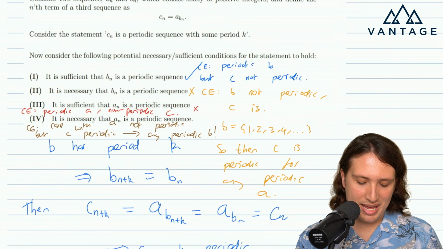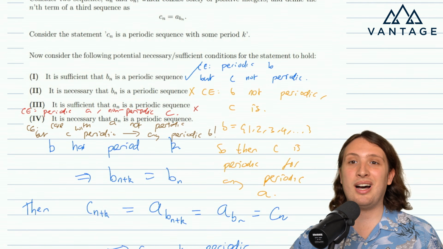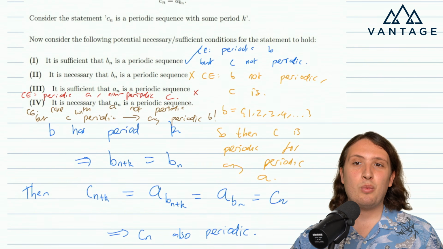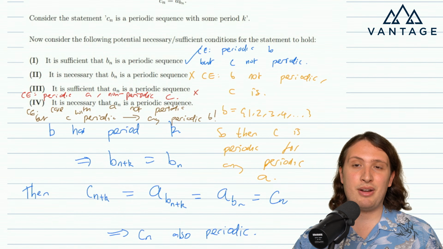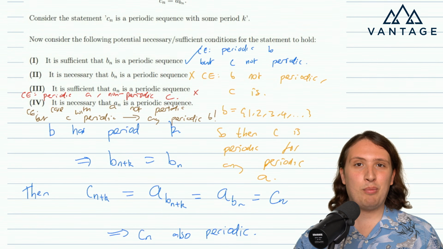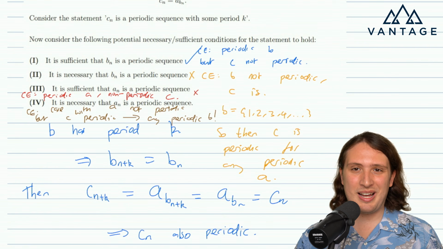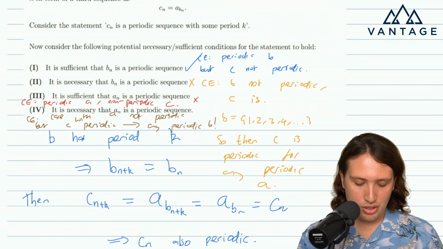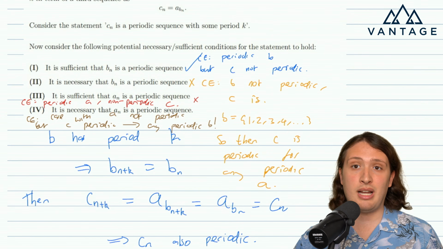Any periodic B, we've already reasoned in part 1, if B is periodic, we definitely know that C is periodic, regardless of any condition on A. So A cannot possibly be necessary because we've seen that you certainly can have this happen. If I choose B to be periodic and A to be some non-periodic sequence, C will still be periodic.